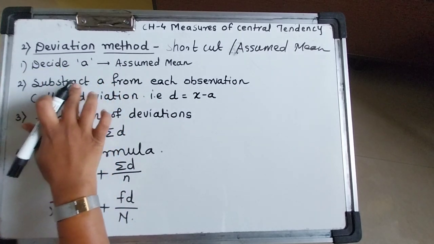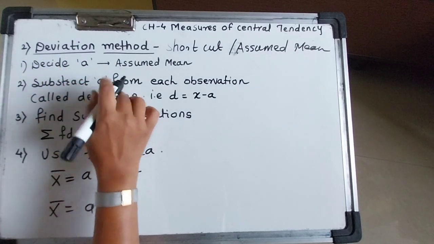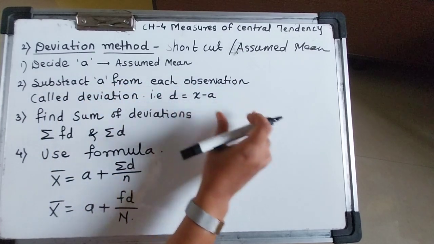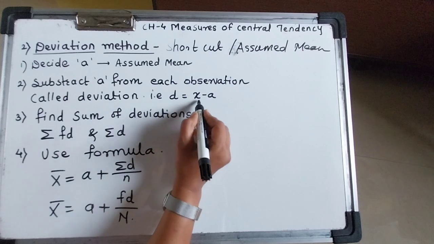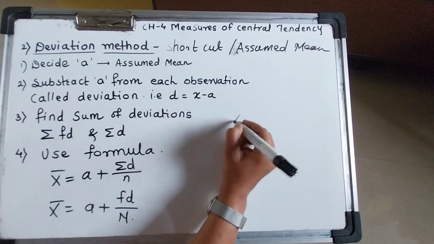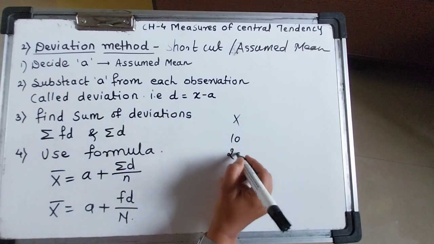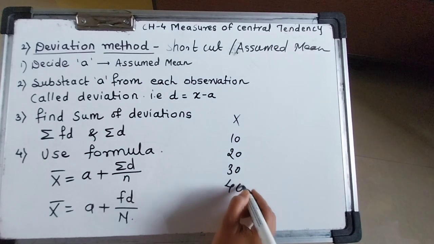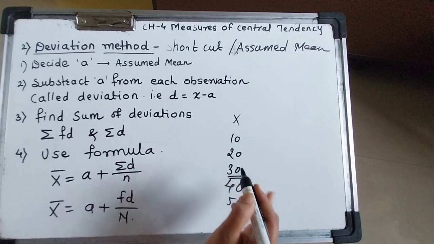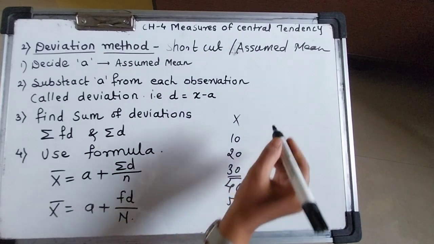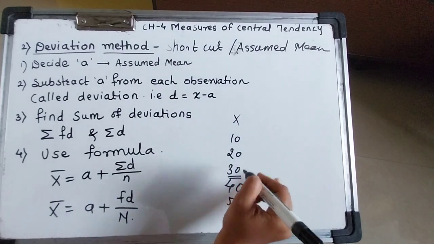Then subtract A from each observation. From each observation, we have to subtract A. That is x minus A. If the observations are 10, 20, 30, 40, and suppose I decided 30 is my assumed mean, means A is 30.